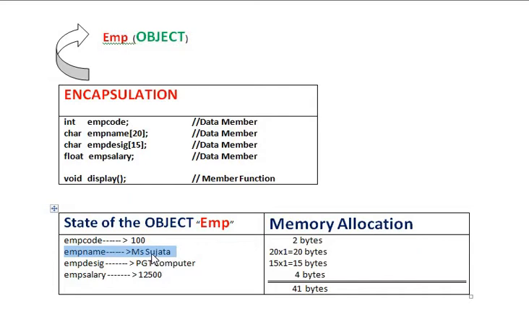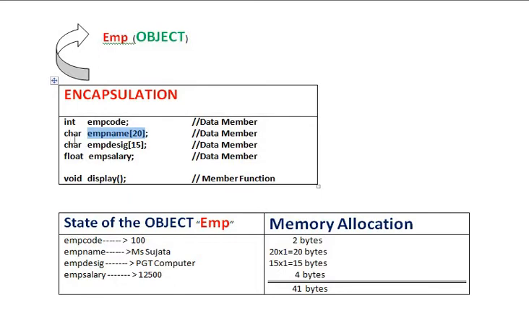In the same way, as soon as the value Ms Sujata gets assigned to the data member emp name, 20 bytes has been reserved for that. This is because when you have declared the data member emp name, you have given its size as 20, and then you have assigned its data type as char. Now all of you are familiar with the char data type.